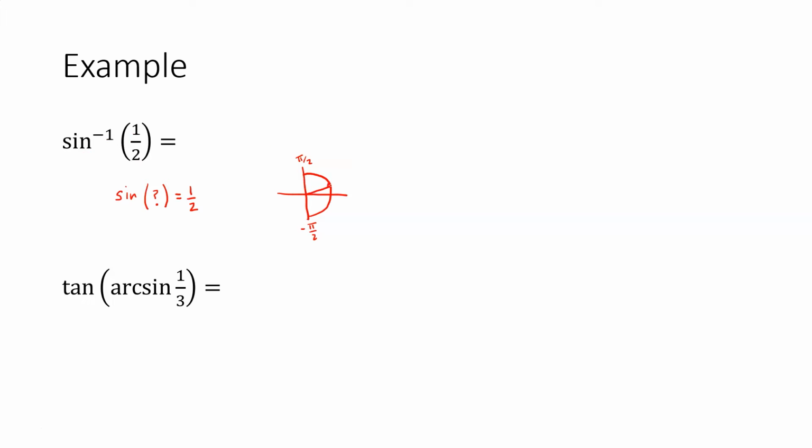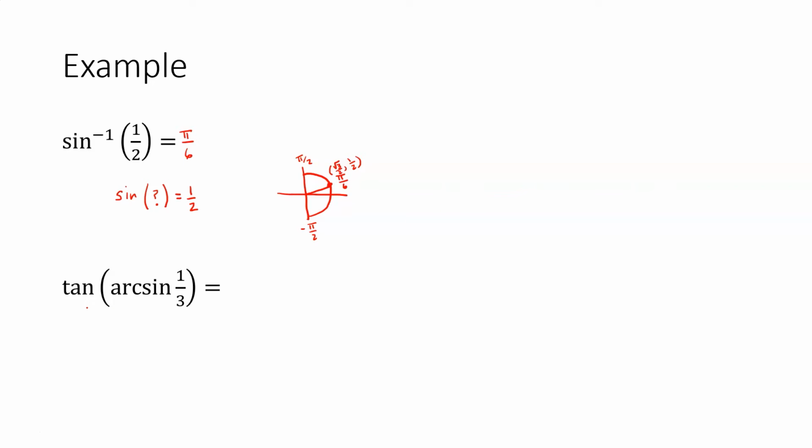The way I remember that is it's going to be the shorter of the angles in the first quadrant. So that's going to be the angle pi over 6 that has a sine value of 1/2, because remember, the coordinates of that point will be radical 3 over 2 for the x coordinate and 1/2 for the y coordinate.